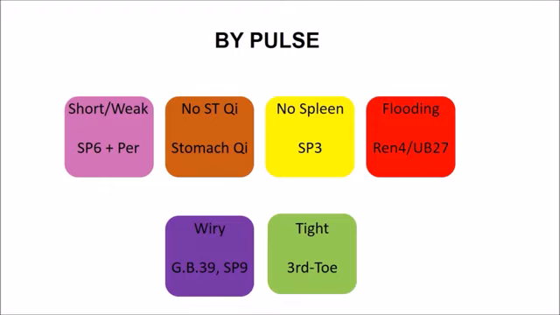Not every patient's pulse speaks to me, and the pulse may not give me too many clues either. When it does, though, I will follow those clues and confirm the ideas it gave me by checking how much the implicated points can change the pulse.